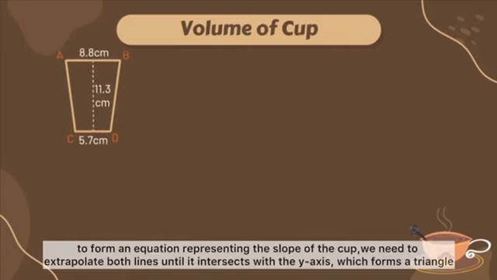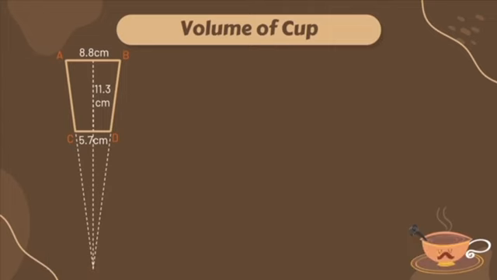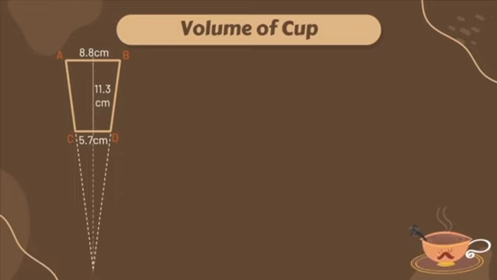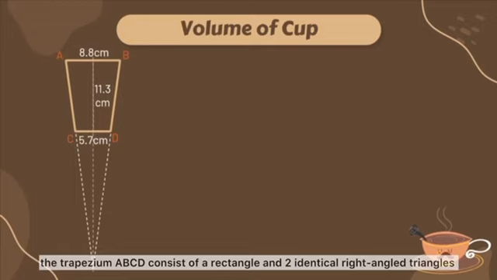To form an equation representing the slope of the cup, we need to extrapolate both lines until it intersects with the y-axis, which forms a triangle. Now, we face a problem of finding the height of the entire triangle to be able to determine the y values for the coordinates of point A, B, C, and D. The trapezium ABCD consists of a rectangle and two identical right-angle triangles.